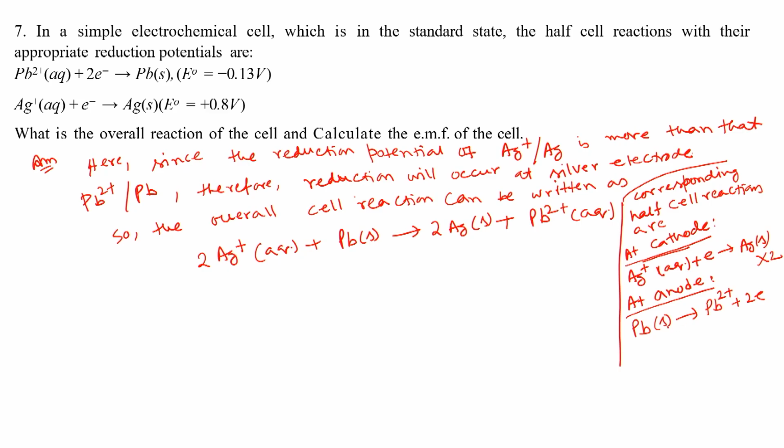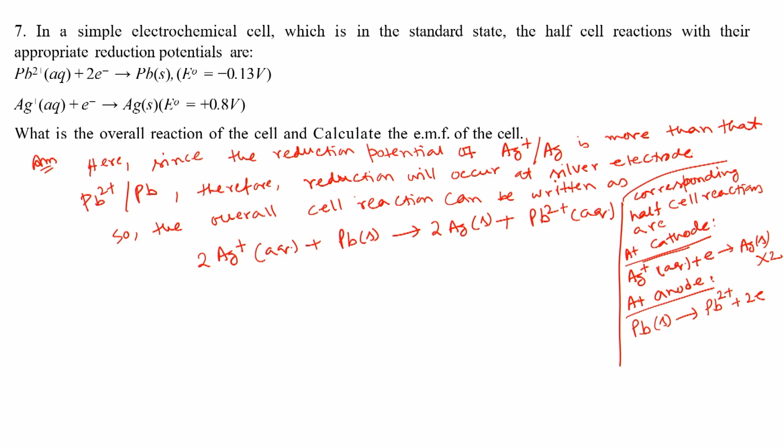So, this is the overall cell reaction. At anode oxidation takes place, so lead goes to lead 2 plus, and at cathode reduction takes place, so Ag plus goes to Ag. That is why the reduction will occur at the silver electrode. So, the cell reaction is written like this.